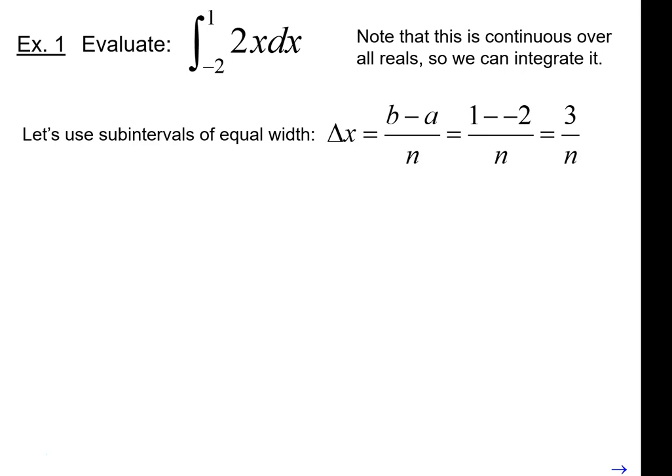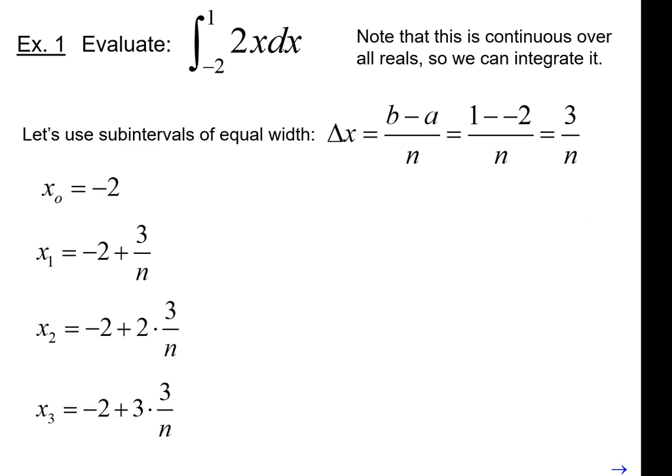Remember, the width of each rectangle is b minus a over n. So in this example, that's 1 minus -2 over n, or 3 over n. And you don't have to write all this, but if we built it step-by-step in increments, we could get the x sub i. Remember, x sub i was given by a, the left endpoint, plus the width, 3 over n, times i.